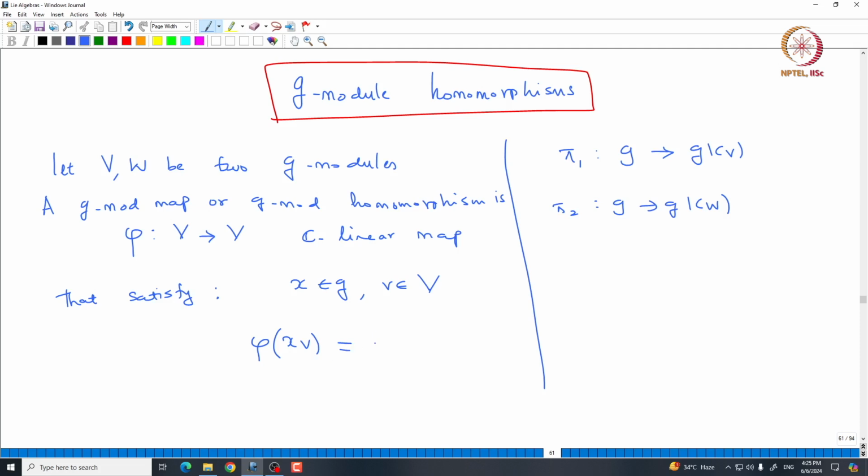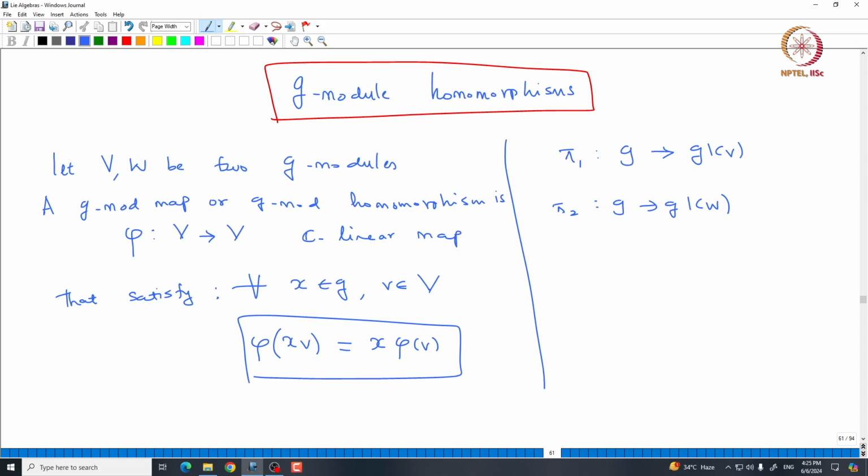So, this will give you exactly x of phi of v for all x in G and v in V. So, whenever we take the action of G, that should commute with this phi. Then we call this phi a G module homomorphism from V to W.